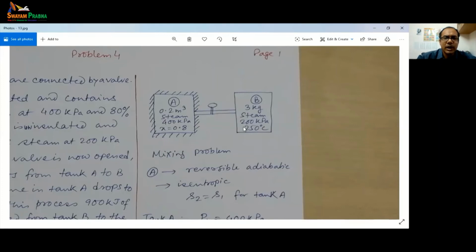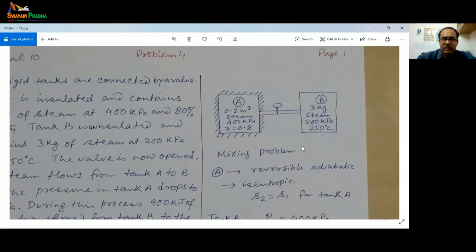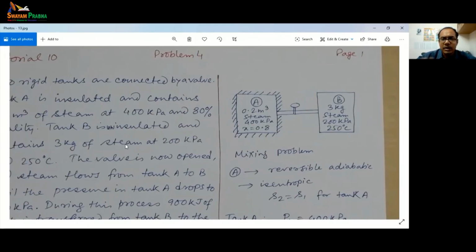Here also we have taken two such tanks, and this mixing problem involves water vapor, steam, and we have included a few more twists into the problem, but still it's a classical mixing problem.